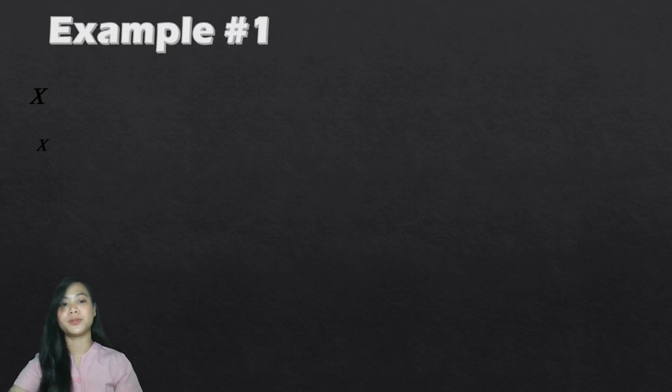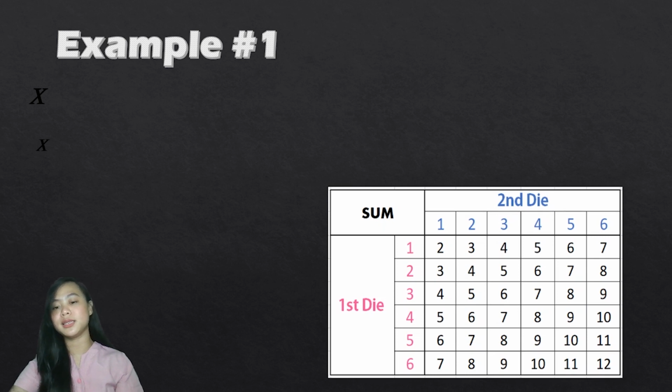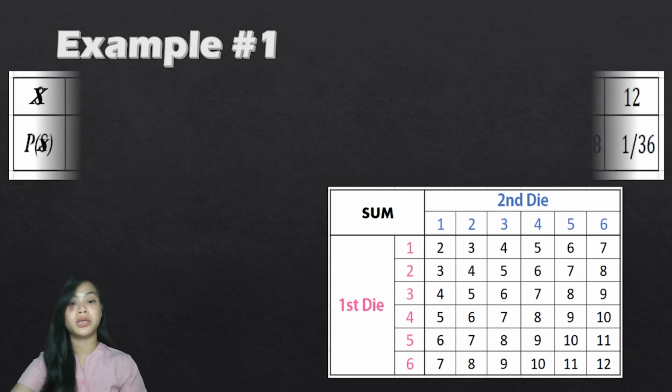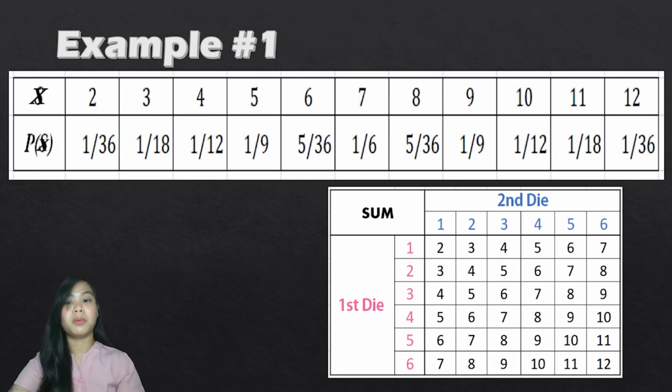So let us tabulate it in our table. Again, in this example chart, we have this probability distribution. We have x for our random variable, so our values are from 2 to 12. For the probability of 2, how many times does 2 occur?